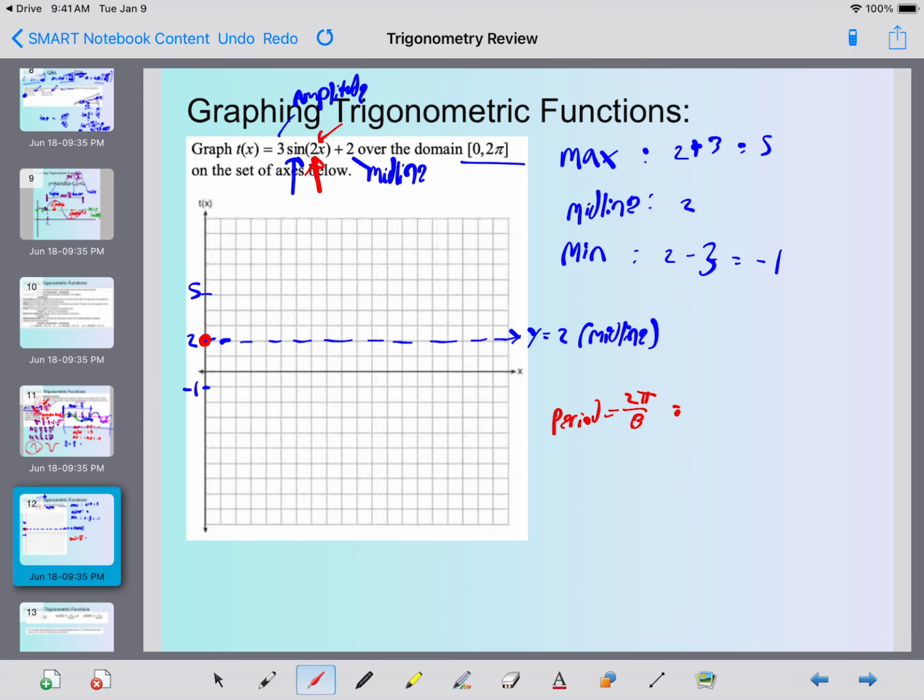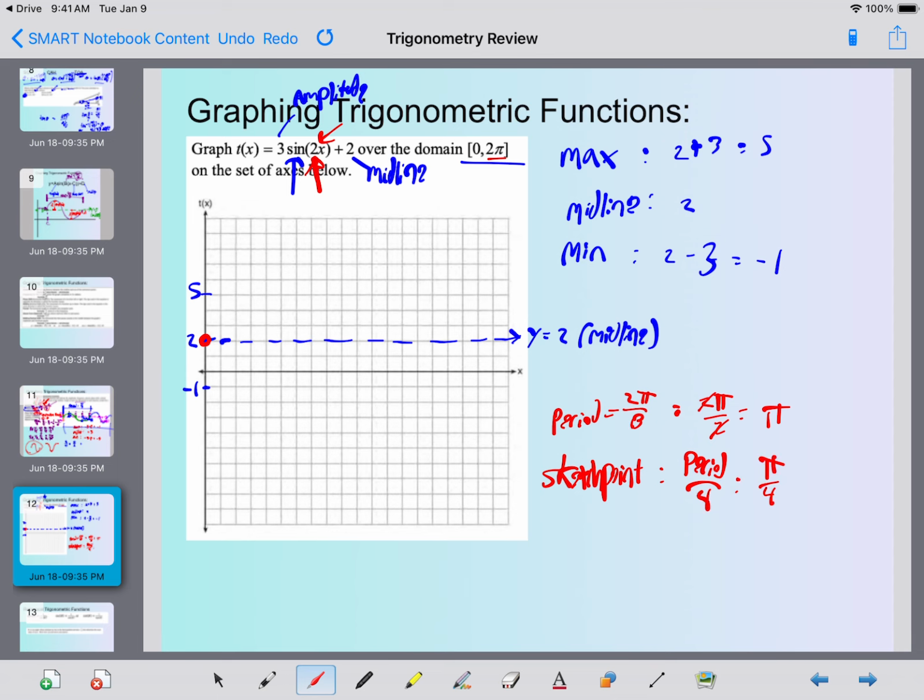Your b in this case is 2. 2 cancels out. Period is pi. So, in 2 pi, we're going to see 2 full cycles, right? So the frequency is actually going to be 2 over 2 pi. But the sketch point is what tells us those perfect points. So sketch point, remember, is period over 4.